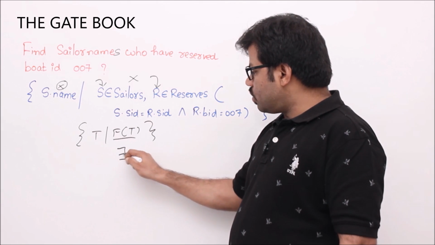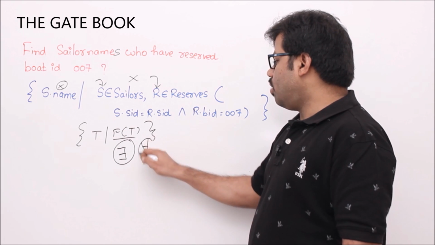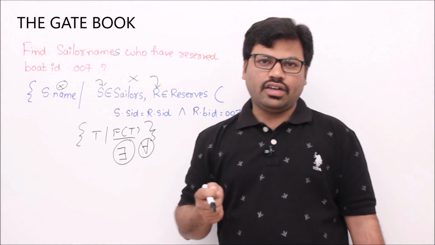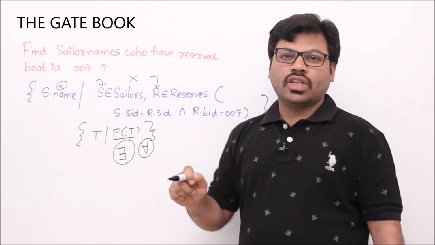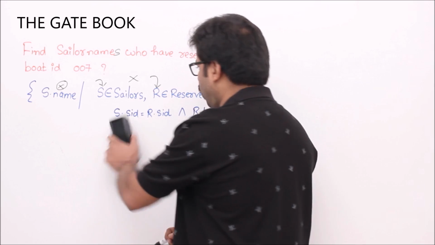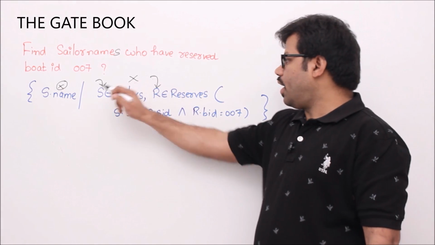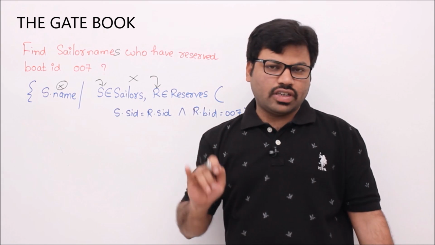Any variable which is associated with there exists or for all is called a bound variable. So neither of them is bound, all are free, right? So that's why you can't have another free variable in the query. So that's why this is generally the wrong way. Don't write it. I'm not worrying about the logic, but you can't have this kind of s belongs to sailors, r belongs to reserves two times.